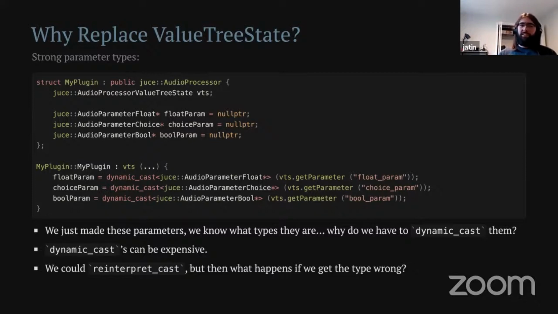If you reinterpret cast and you get your type wrong, then your C++ program will think you have a valid pointer to your parameter type, but in fact you don't. And then you can get all kinds of weird bugs that might be difficult to track down. So maybe don't do reinterpret cast if you can get away with dynamic cast or whatever you're using in that situation.